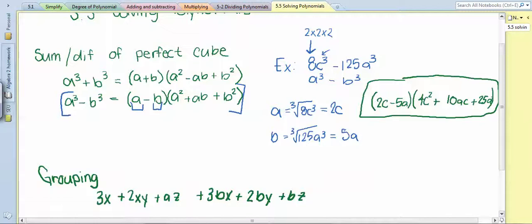Okay, now I'm looking at these terms and there's 6 of them, so I'm going to group 3 and 3.